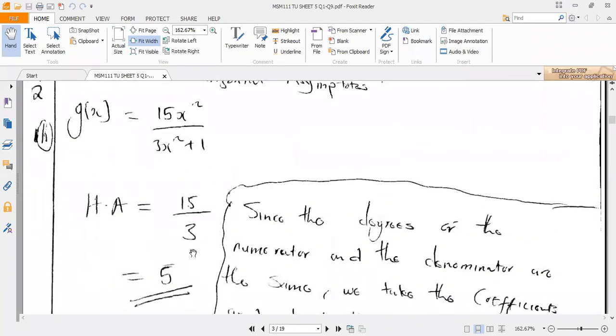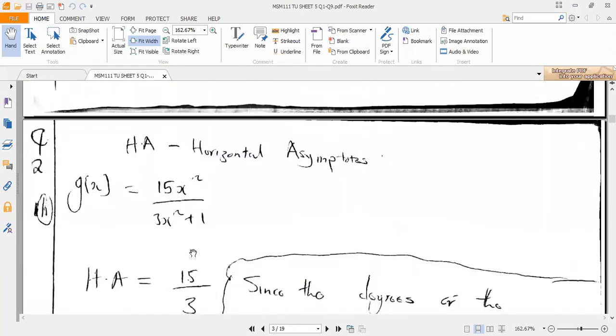So now, the thing to remember about the horizontal asymptote is that when you have, for instance, the degrees of a polynomial, let's say you have x to the power 2 and x to the power 2 down here. This simply tells you that when you're finding the horizontal asymptote, you just equate this coefficient 15 over 3.